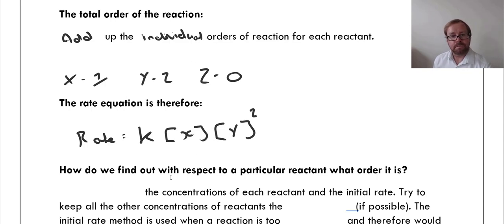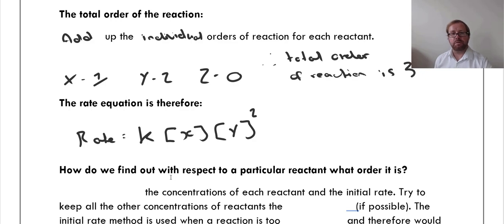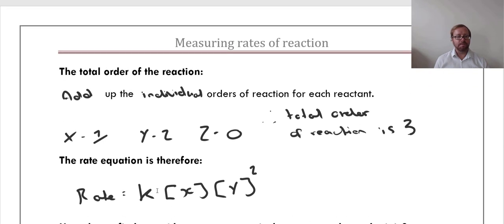And therefore, the total order of reaction is 3. Okay, I hope this is making sense so far. I know it's a little bit tricky, but we'll stick with it.